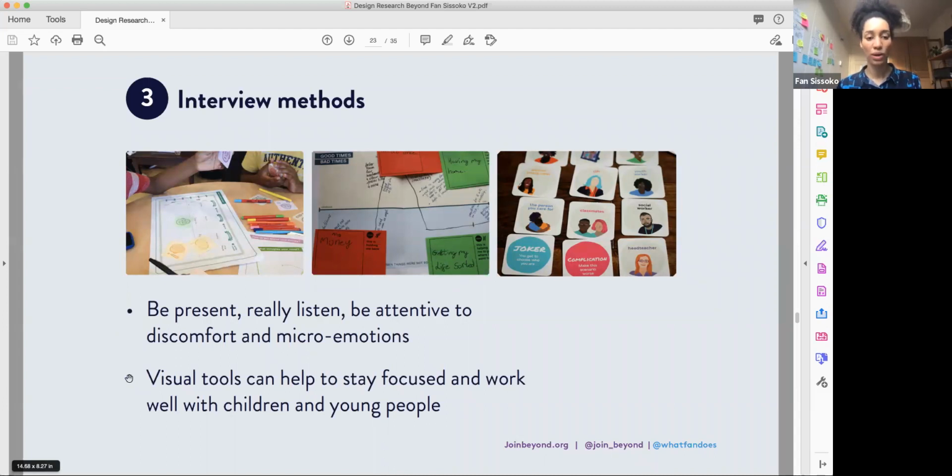And what I really like to use as well are visual tools, because I think that they can really help the conversation to stay focused. And for example, they work really well with children and young people. So for example, the last picture here is actually a game that I developed when I was doing research with young carers.